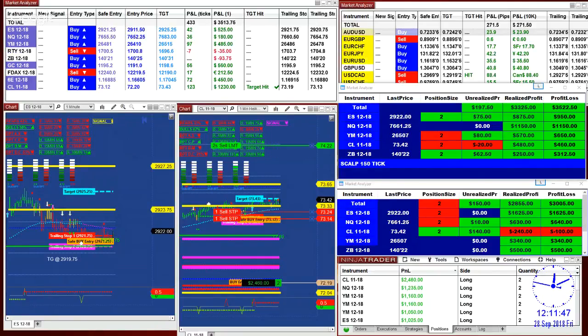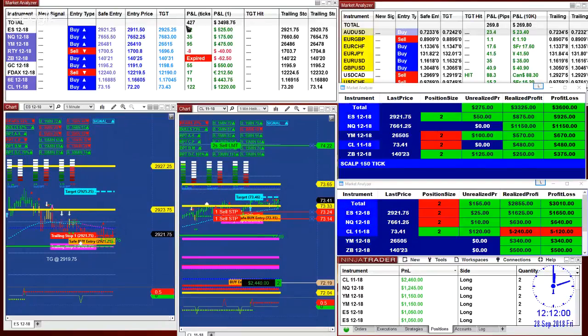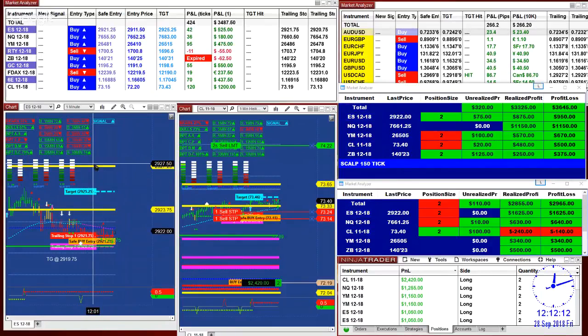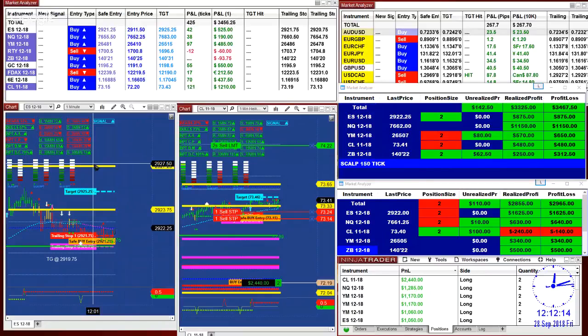Right now, we are on 430 ticks based on the last entry signal. 3,486 is right there based on one contract, and we're not gonna get a new signal on the ES. It looks like it's gonna stay. Now it's 12 o'clock. I don't know what will happen at 1, but this is it. That's all we have for today.